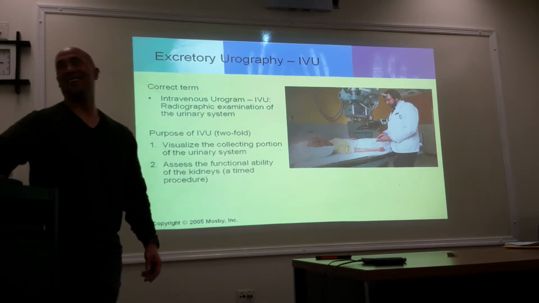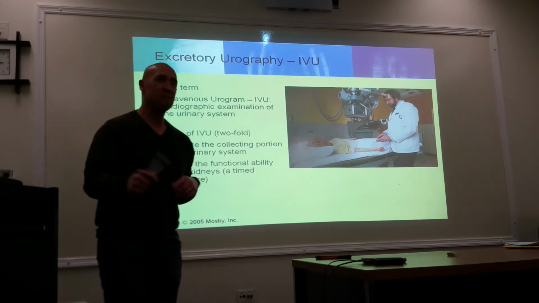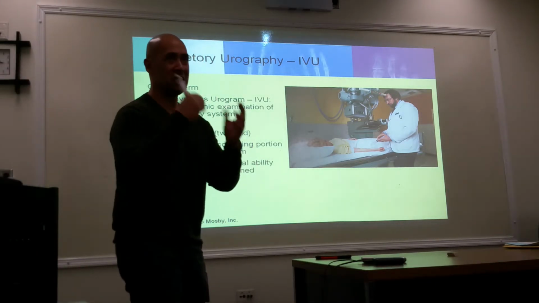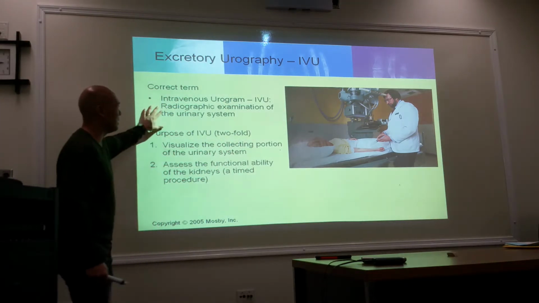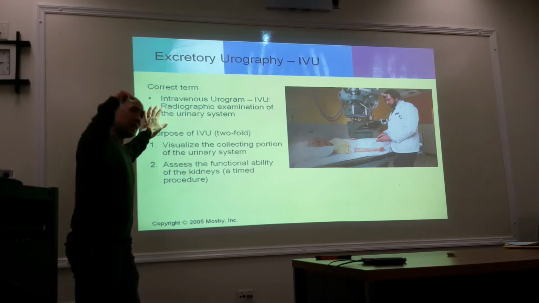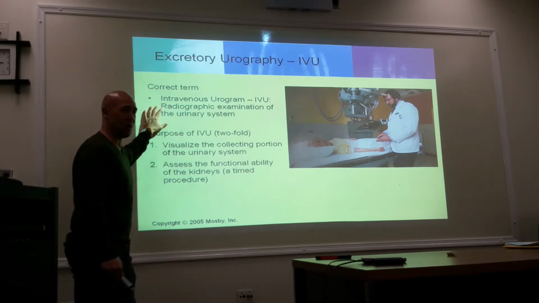All right. So you'll hear the terms IVP and IVU. Sometimes they're used interchangeably, but the correct term is IVU, which stands for intravenous urogram. The other term that we use is IVP, which stands for intravenous pyelogram. But we're not looking only at the pelvis, we're looking at the entire urinary system.